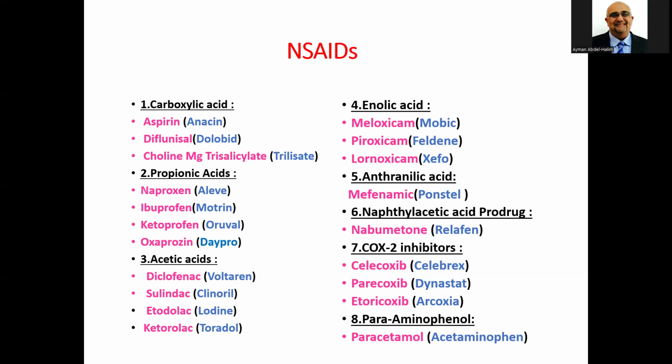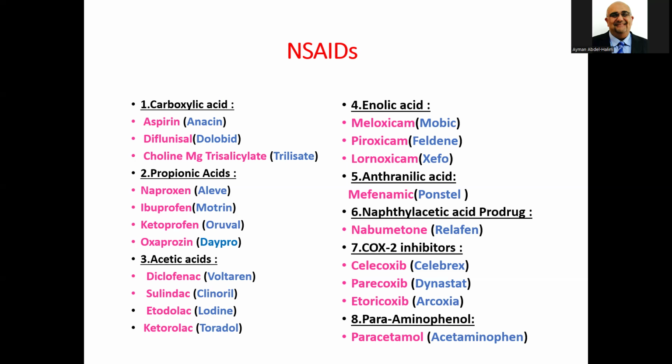Then you have the COX-2 inhibitors, Celebrex, parecoxib and etoricoxib, and these are useful NSAIDs, especially with patients that have GI issues like gastritis or peptic ulcer disease and so forth.